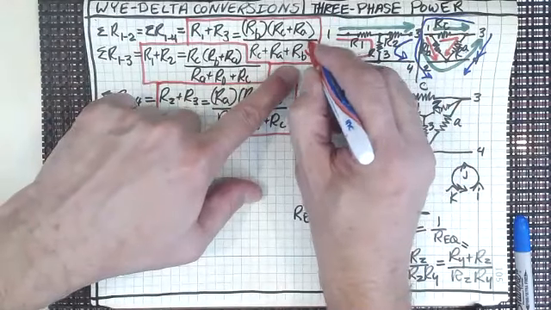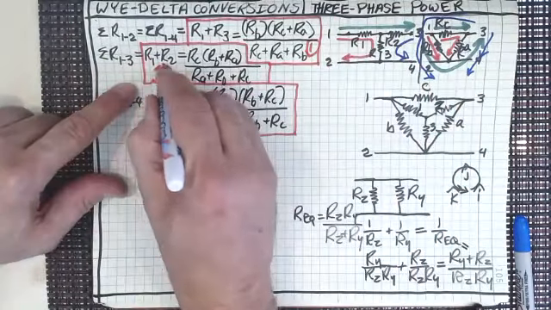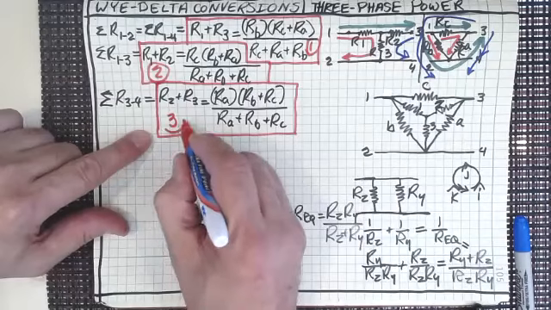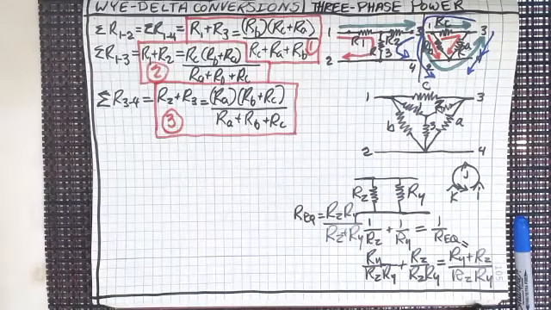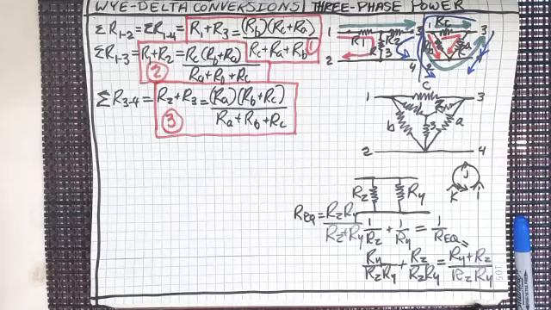This being equation 1, this being equation 2, and this being equation 3. 3 different equations that we have.